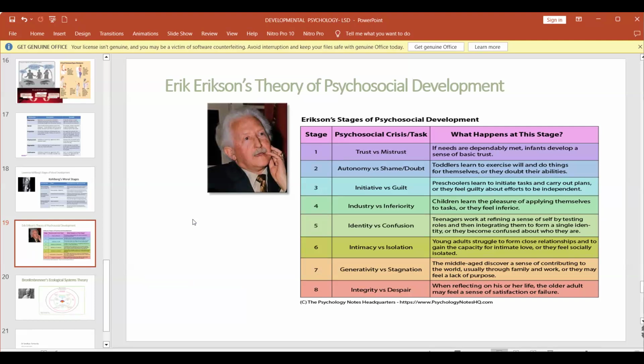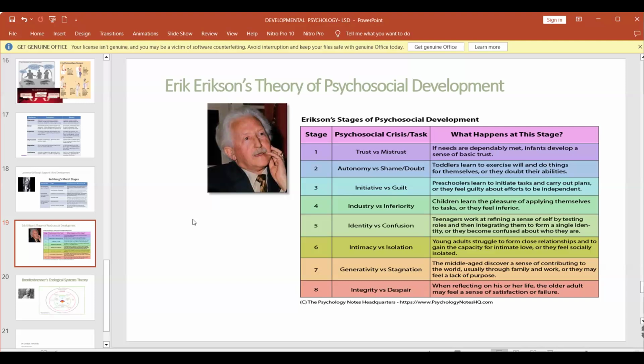But the difference between Sigmund Freud and Erik Erikson is Sigmund Freud focused on sexuality, that is gratification of bodily needs. But Erik Erikson focuses on fulfillment of social needs. He doesn't focus on bodily needs gratification like Sigmund Freud. Instead, Erik Erikson focuses on the fulfillment of social needs the child has at different ages, different social needs to be fulfilled.